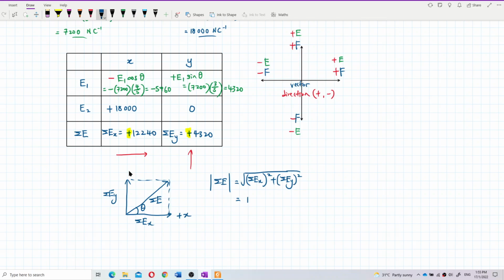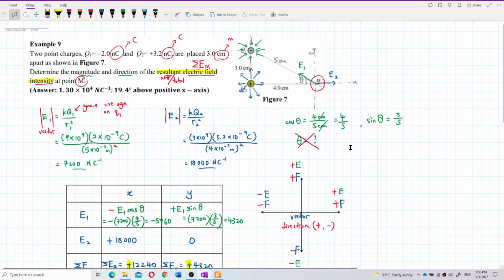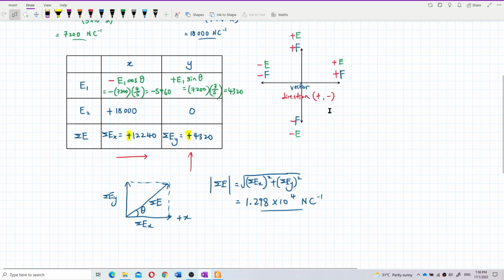I make it in standard form: 1.298 × 10^4 newton per coulomb. That's the magnitude of my resultant electric field strength at point M.